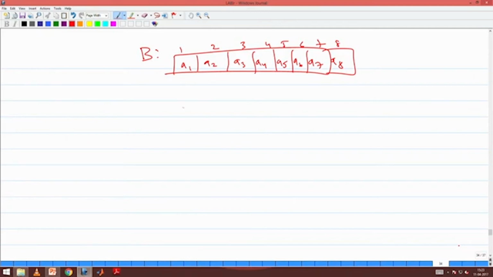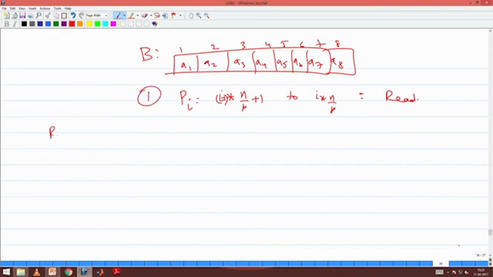Pi reads from (i minus 1) times n by p plus 1 to i times n by p. This is the first step, step number 1, read.